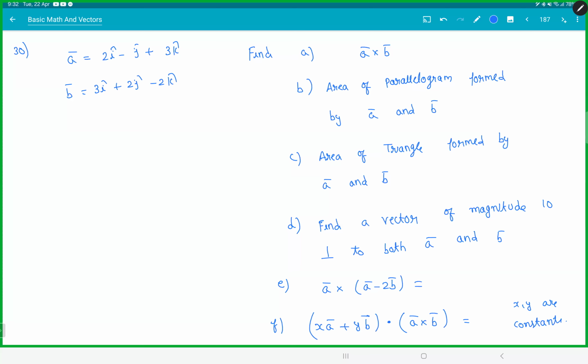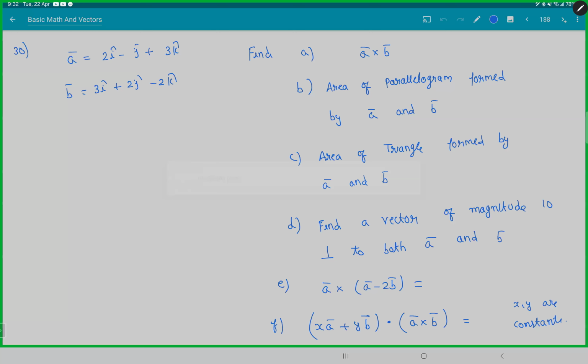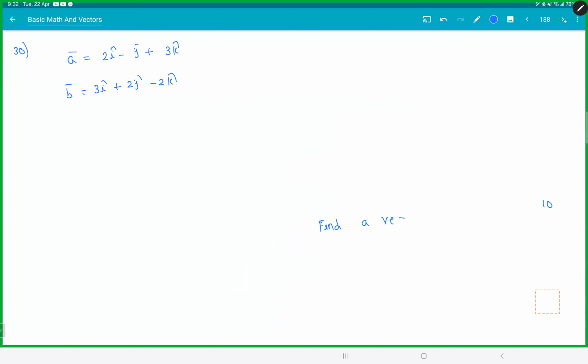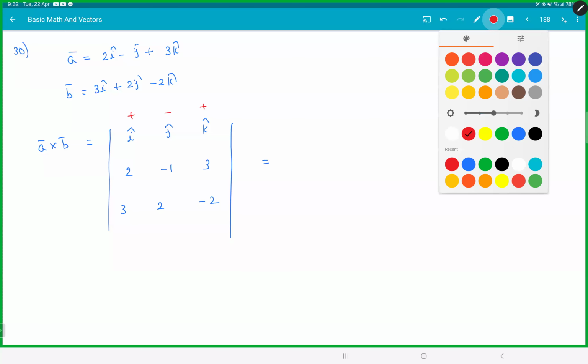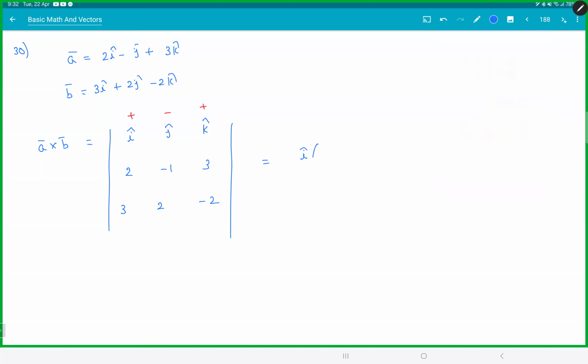Let's see A cross B. I hope everyone got that. So A cross B, I cap, J cap, K cap. This is 2, this is -1, this is 3, and this is 3, 2, and -2. You know the process. So this is plus, minus, and plus. The first thing, I cap. So this and this will go off. So cross multiply that.